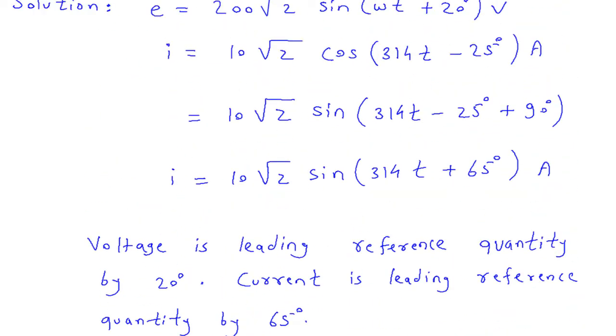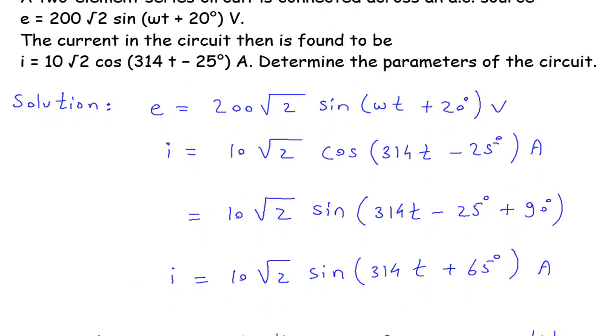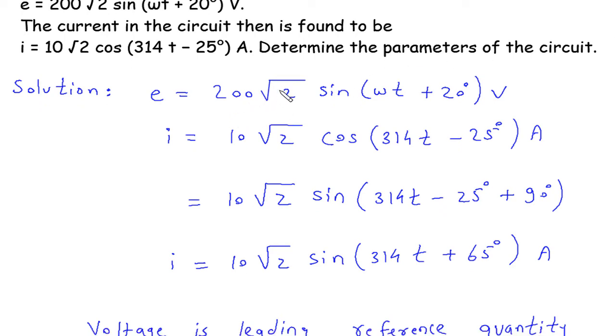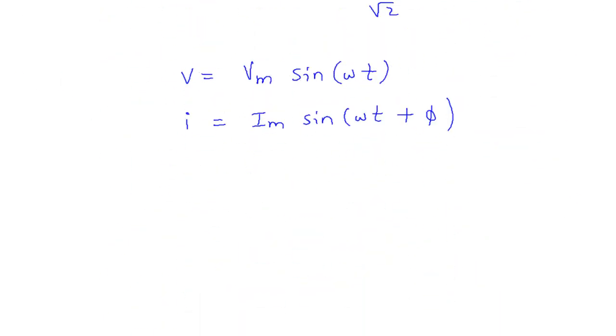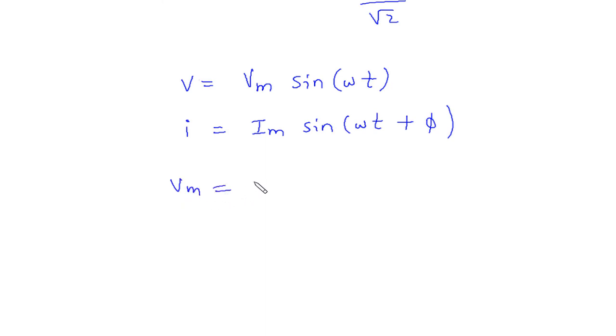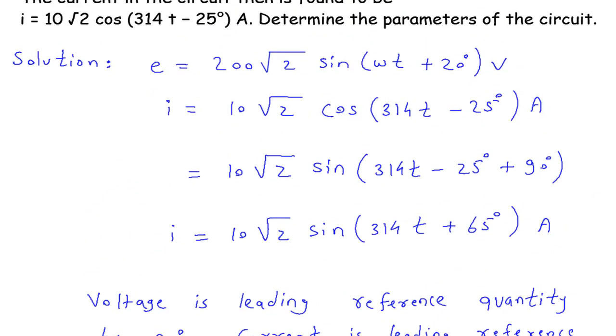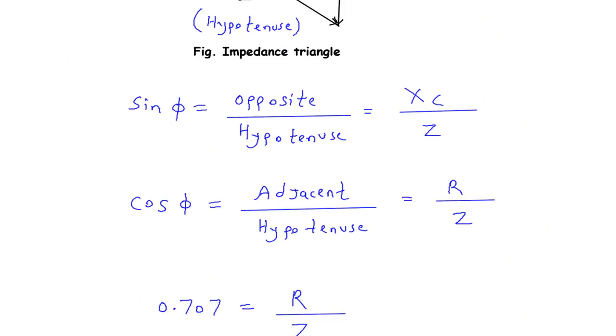So we can find the values of Vm and Im. Vm is equal to 200 root 2 and Im is equal to 10 root 2.